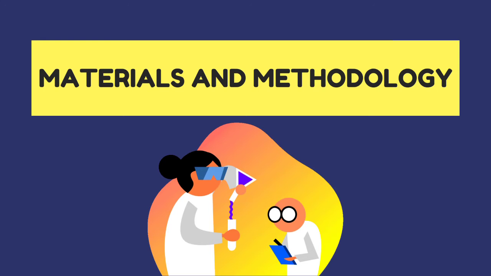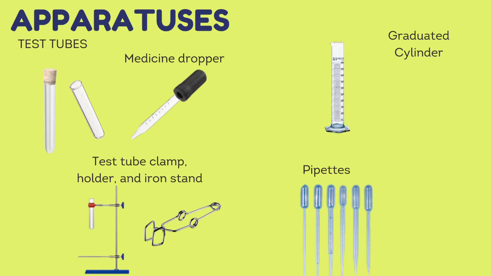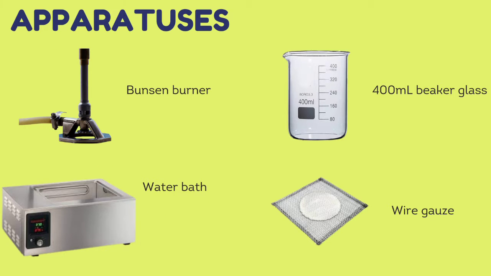Materials and methodology. For the apparatuses, we use test tubes, pipettes, medicine droppers, a 10 ml graduated cylinder, Bunsen burner, water bath, wire gauze, 250 ml beaker, test tube holder, and test tube rack.